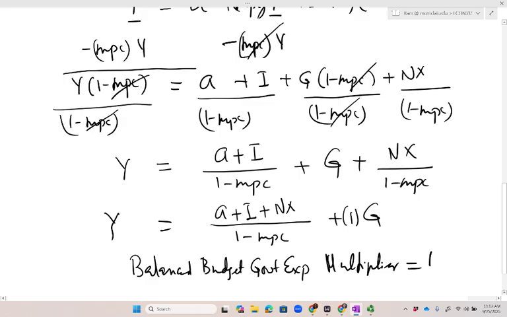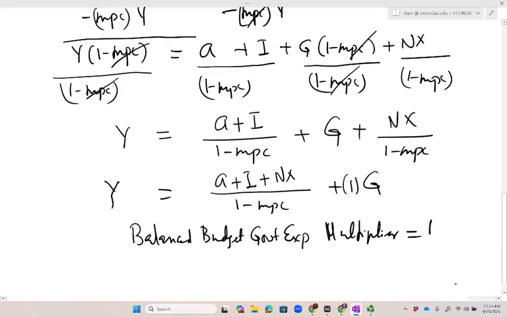So 1. What it means is that even when government resorts to a balanced budget expenditure activity, for every dollar of expenditure, it collects equal amount of revenue.